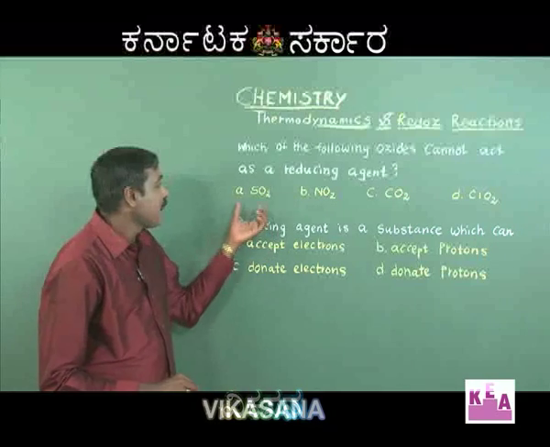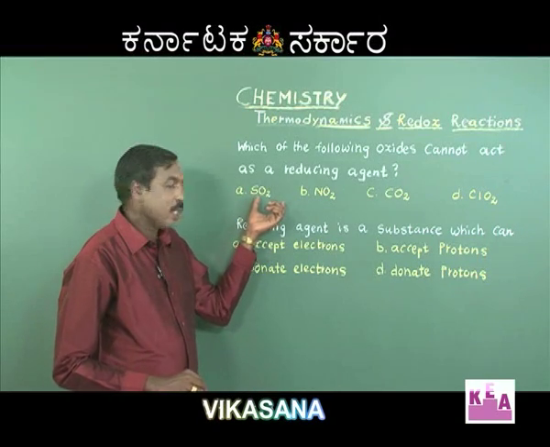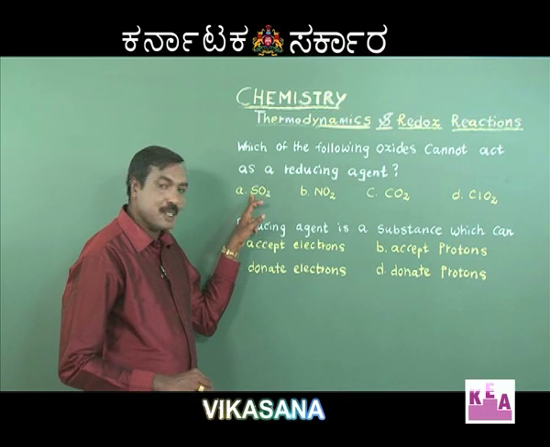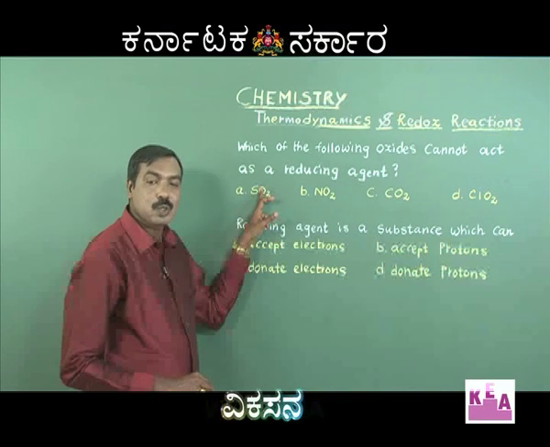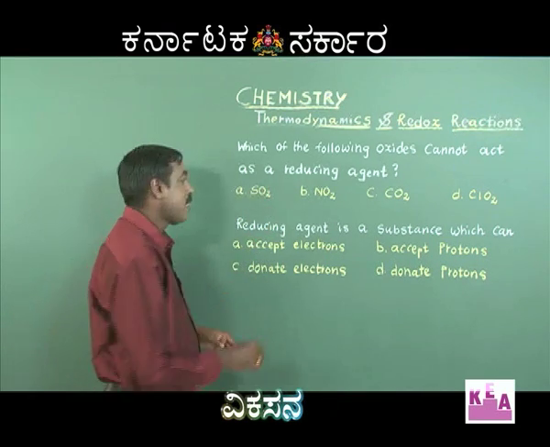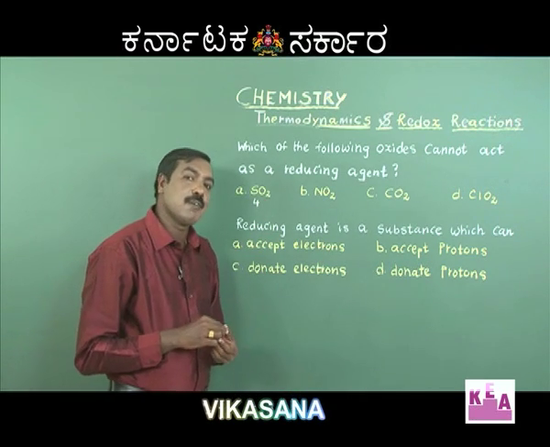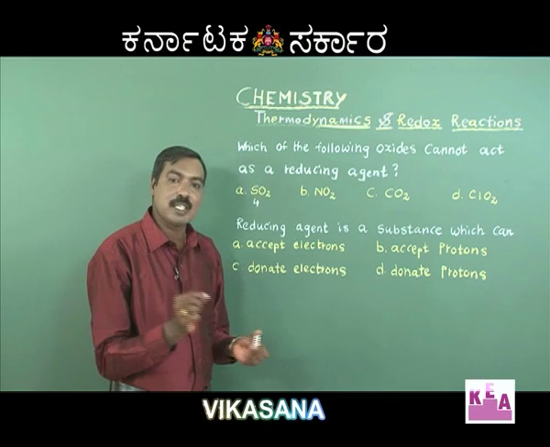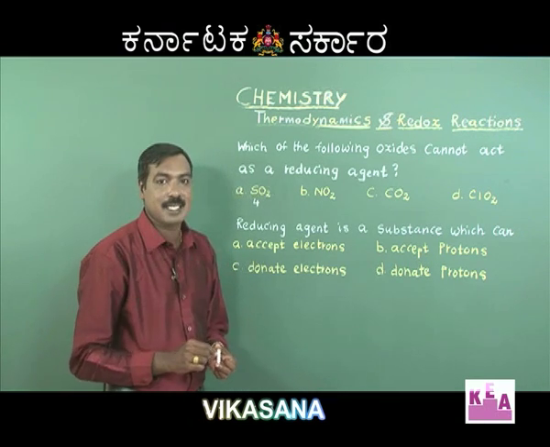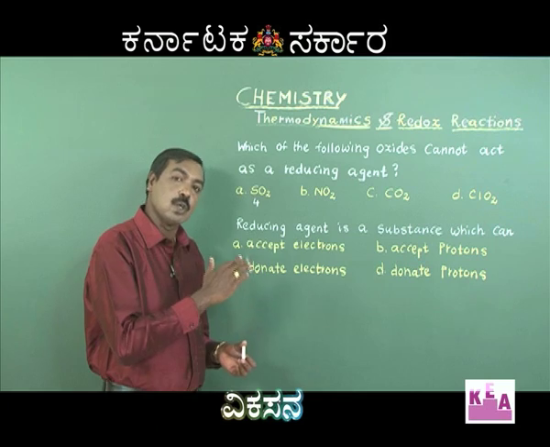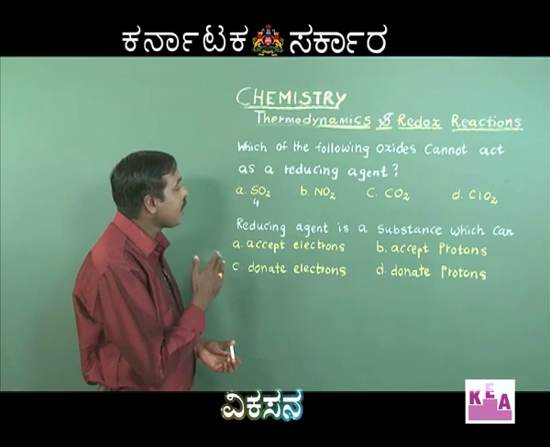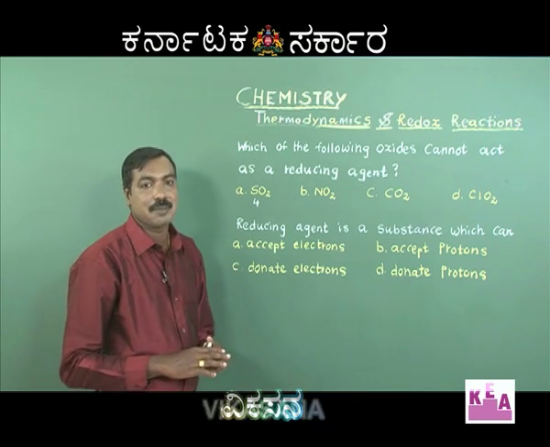Let me help you. SO2, in this sulfur, X plus 2 times minus 2, I get sulfur is equal to 4. I know that sulfur's maximum oxidation state, all this while I was telling, is plus 6.